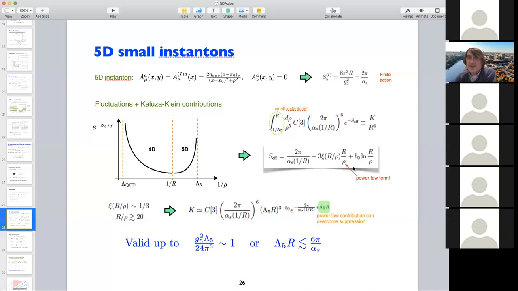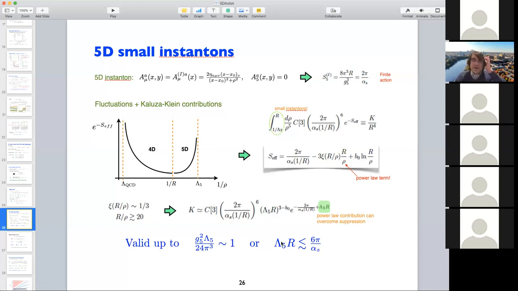And what you find is that there is a power law term with a negative sign. As rho, the instanton size, goes to 0, this factor is becoming large and positive because alpha S is going to 0, right? QCD is asymptotically free. But you can halt that behavior because you can subtract off this large negative contribution that's coming from the 5D scale.